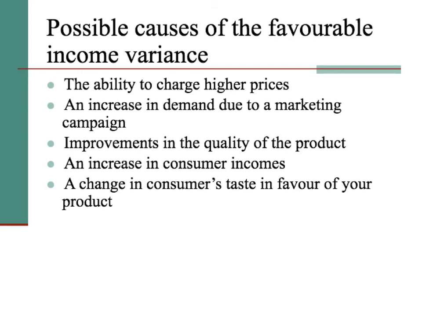We all know that as consumer incomes rise, they will perhaps switch to a higher cost product. So if you think about it, they might move from a basic range to an everyday range, or it might be that they move from an everyday range to the speciality range, and that will cause fluctuations in the income.